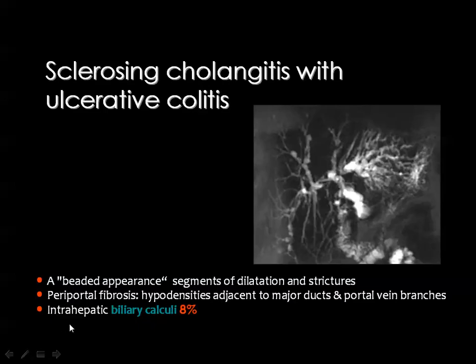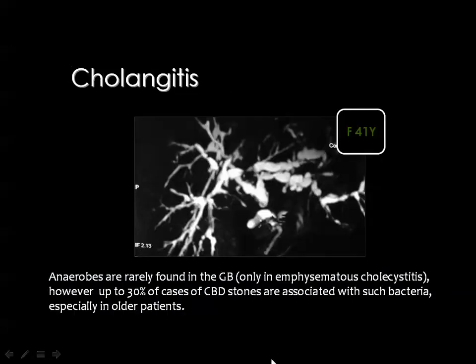And you know that intrahepatic biliary calculi are seen in about 8% of patients with sclerosing cholangitis. Here is an MRCP examination showing the appearance of cholangitis with multiple strictures and dilatations, giving the beaded appearance of the biliary radicals.